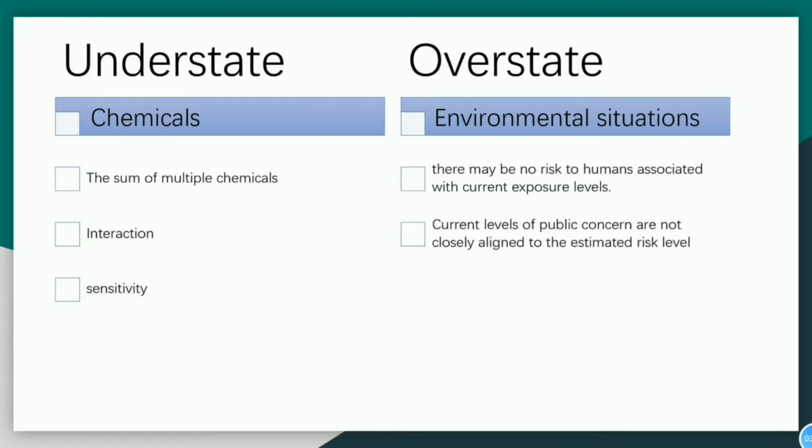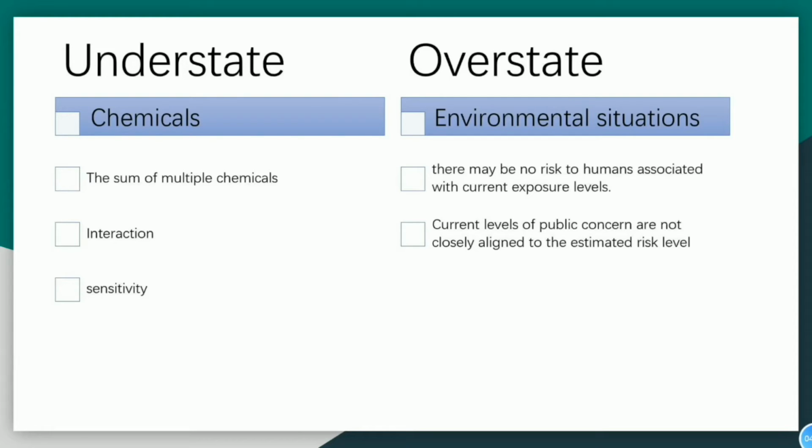It will be much greater than the risk estimates, because when we do the risk estimate study, we have to control confounding factors. It may not include some of the chemicals that we will meet in the true risk.